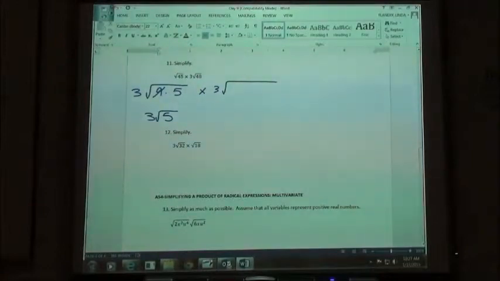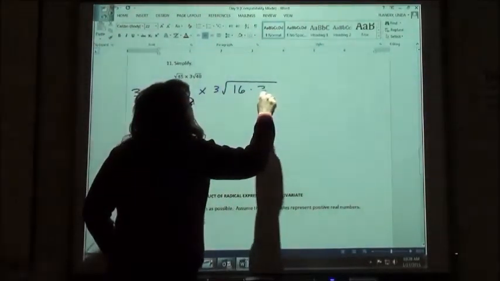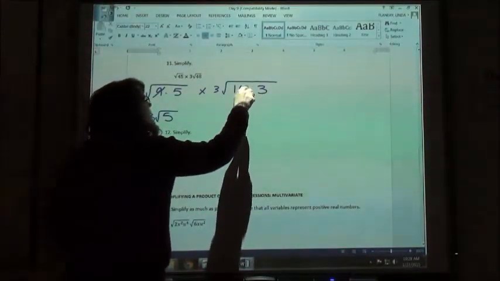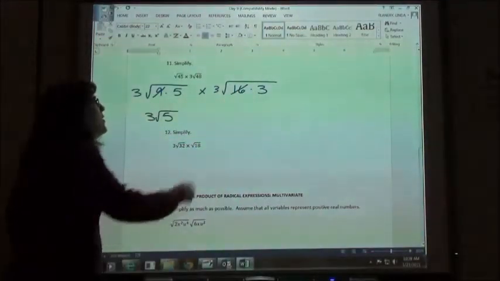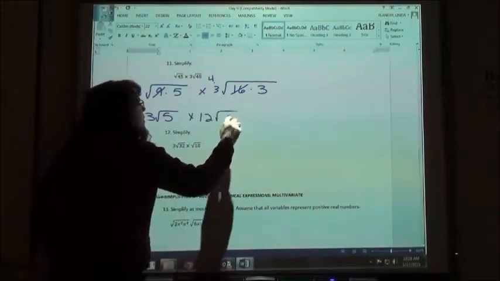There's a bigger one than 4. 16. 16 times 3 is 48, right? So I want to use the 16 over the 4 because that's going to save me some work. So, square root of 16 is 4. 4 times that 3 in front would give me 12 square root of 3.